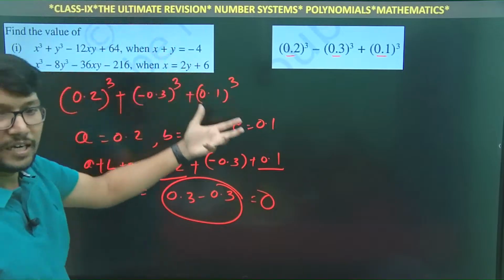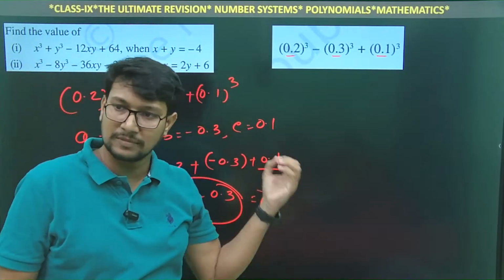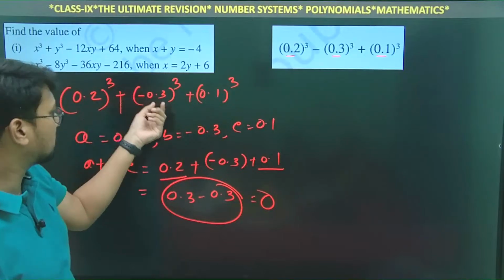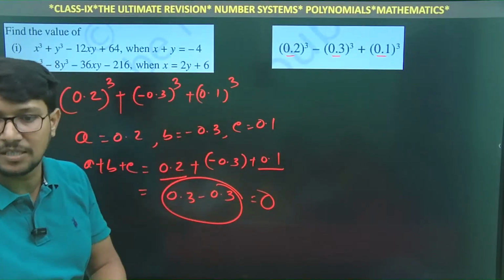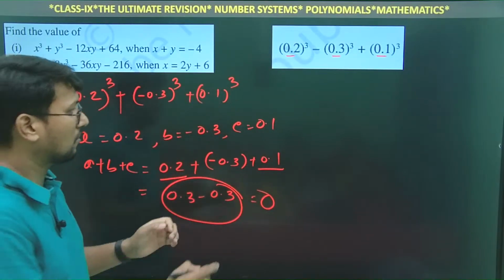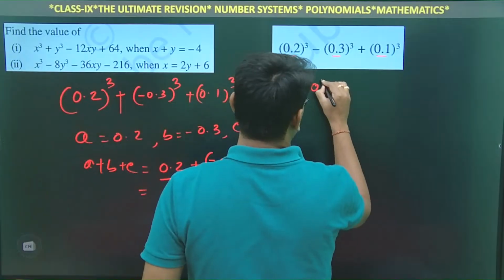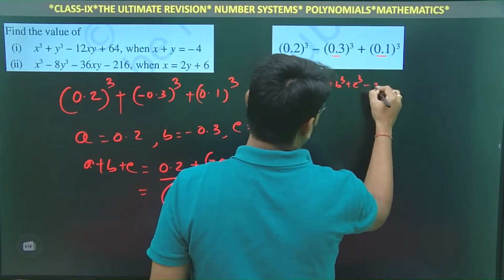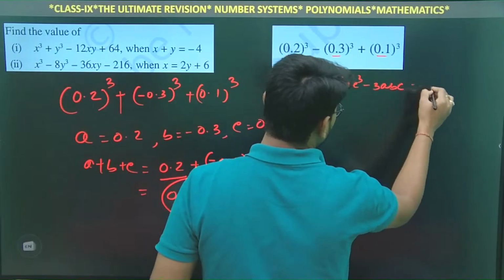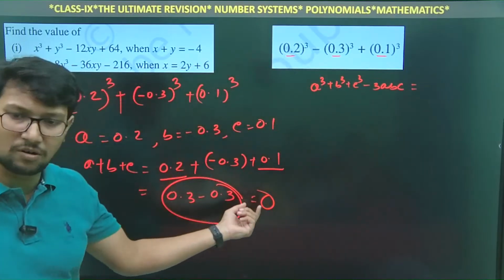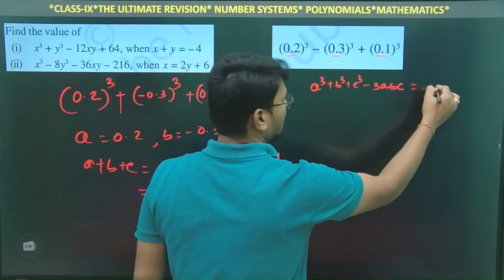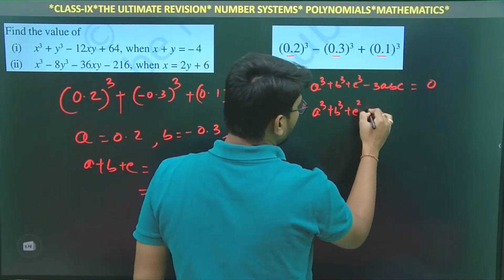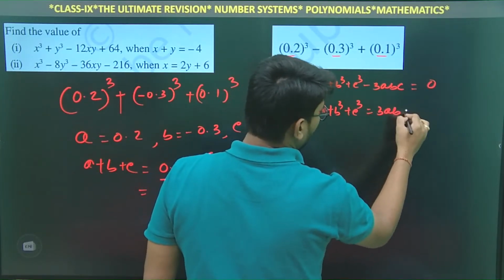So 0 into the right side will be 0. Therefore a cube plus b cube plus c cube minus 3abc equals 0. Are you getting it? Okay, check that formula. Why 0? Because a plus b plus c is 0. So a cube plus b cube plus c cube equals 3abc.